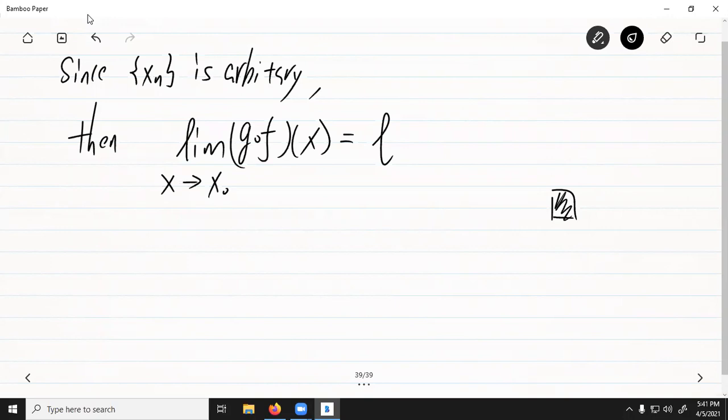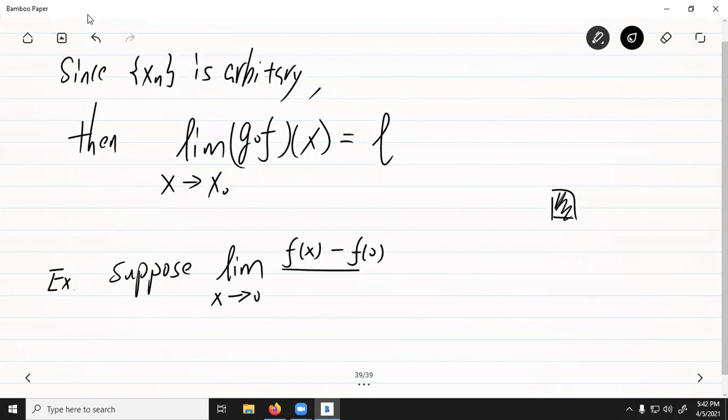Okay, so there is a very interesting problem. Suppose we have the limit as x approaches 0 of (f of x minus f of 0) over x is equal to L. This is what we know.